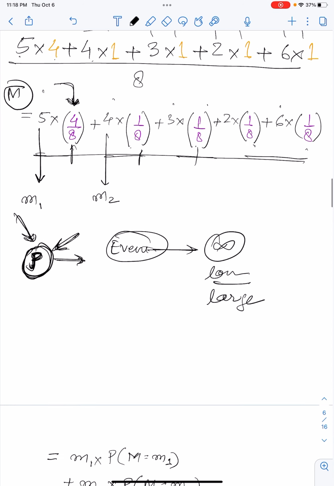So this is what we mean when an event has a probability P.